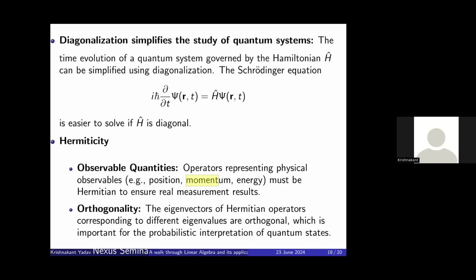So the last one is orthogonality. Orthogonality has many applications in quantum mechanics, as the eigenvectors of Hermitian operators corresponding to different eigenvalues are orthogonal, which is important for the probabilistic interpretation of quantum states.